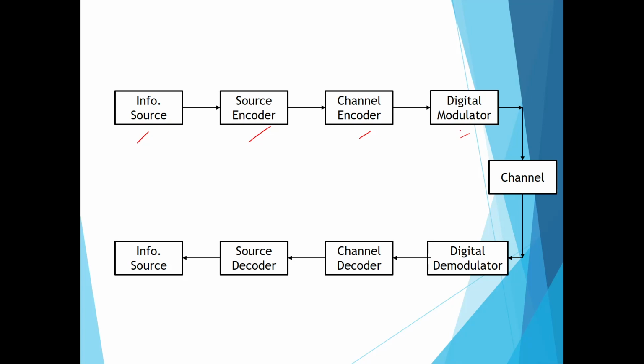That means we modulate with an analog carrier to produce either ASK, amplitude shift keying, or frequency shift keying, or phase shift keying. Then we transmit through the channel and it goes through the receiver: digital demodulator, channel decoder, source decoder, and we produce the original information source.